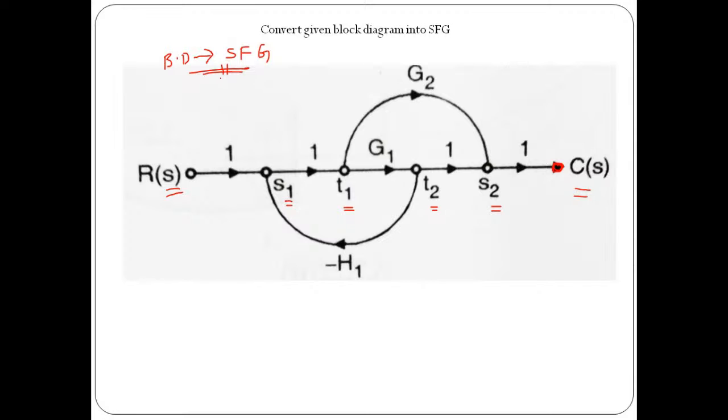And if you have done this, then it is very easy for us to find its transfer function using Mason's gain formula. Now what we need to do is find out how many forward paths there are.